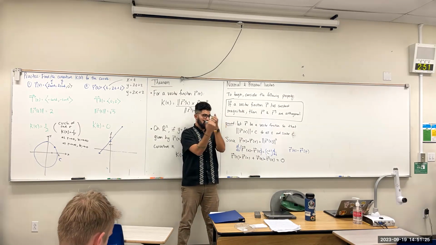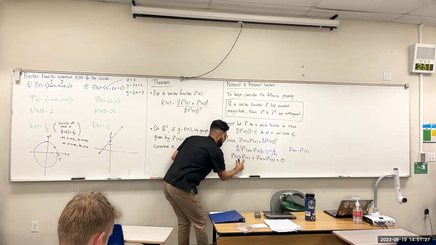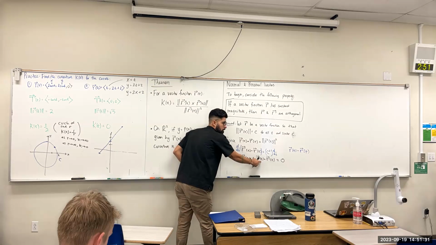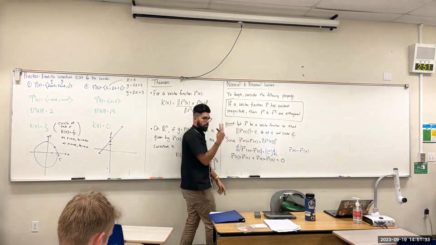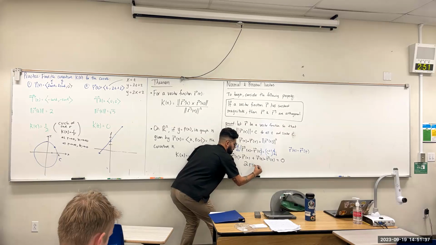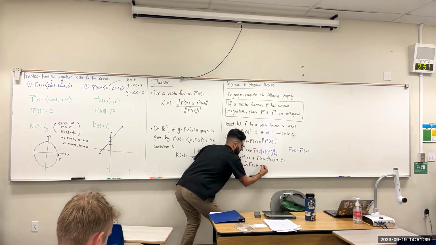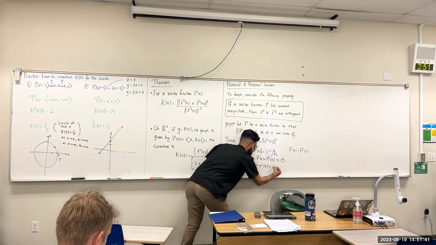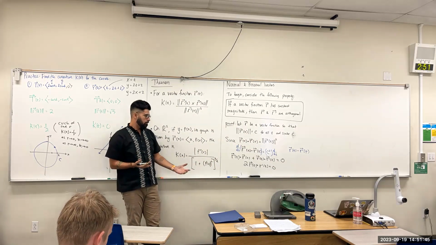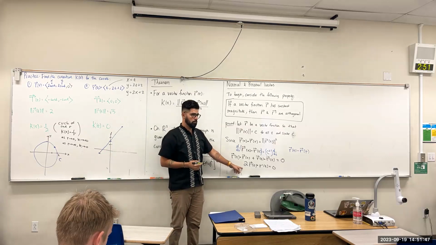It's commutative. So I can swap these, and then it's just this guy now, right? So I'm adding this guy twice. So I end up with 2r dotted with r prime. So then finally divide by 2.